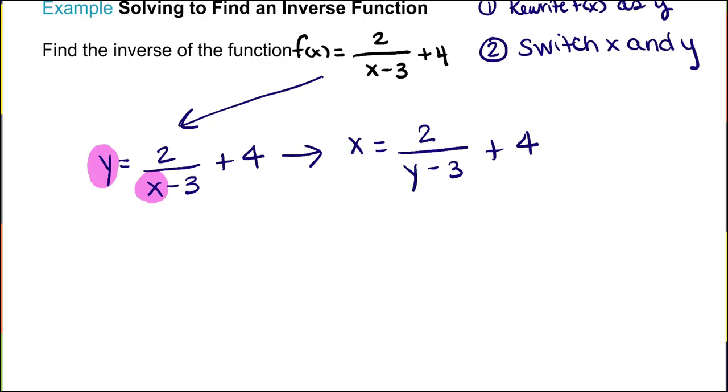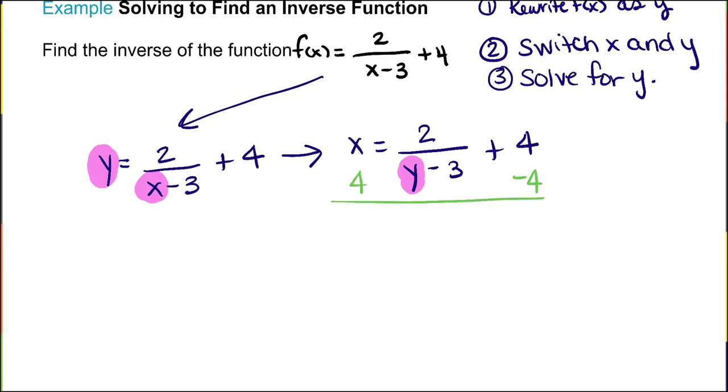And last, we're going to solve for y. So if I want to solve for y, I'm going to subtract 4 from both sides. And on the left, I have x minus 4 equals 2 over y minus 3.